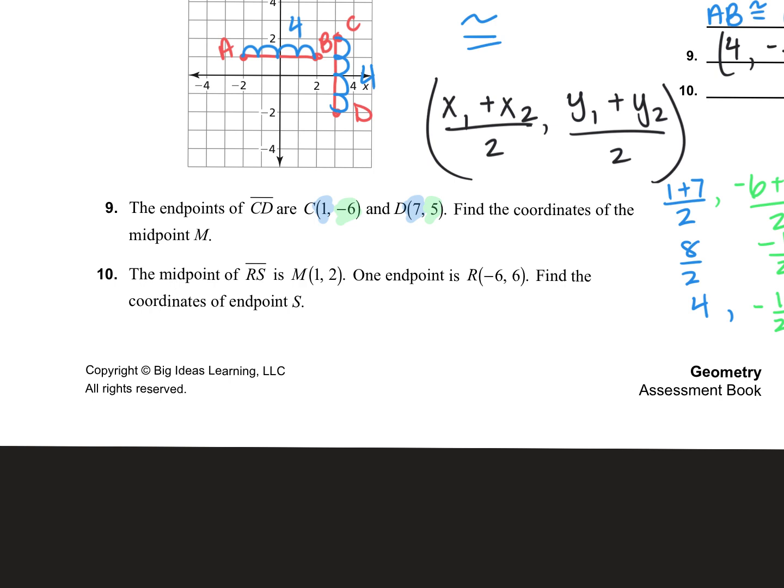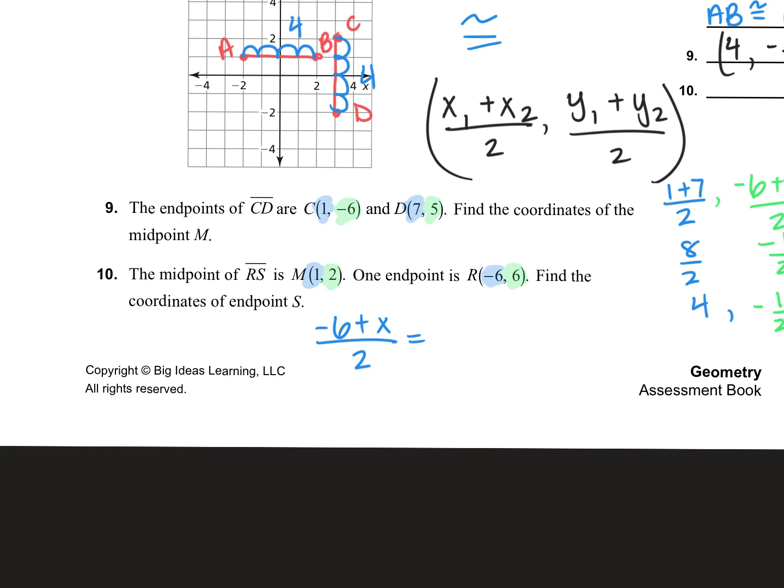So I'm going to write it out. Again, I'm still using X's and Y's. Here are my X's, here are my Y's. I'm going to set it up as negative 6 plus, do I have another endpoint? No, I'm going to keep it as X, over 2 equals what?